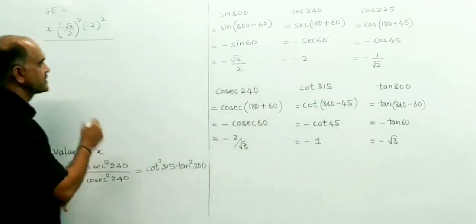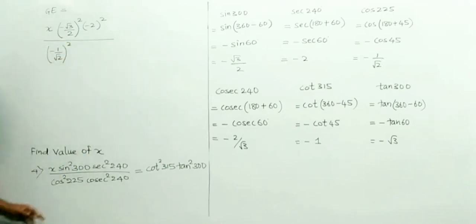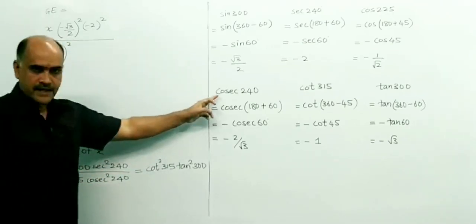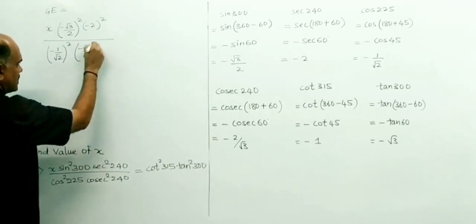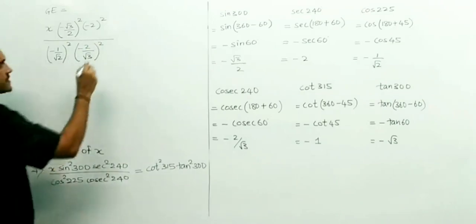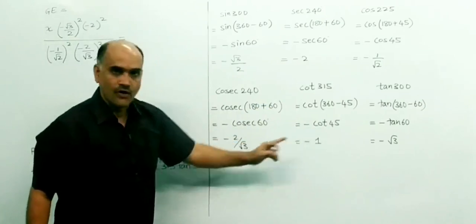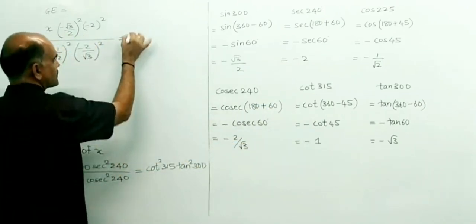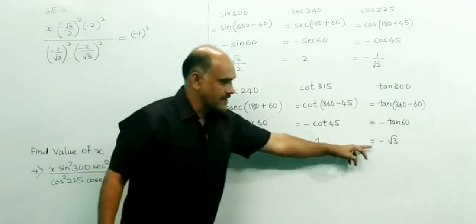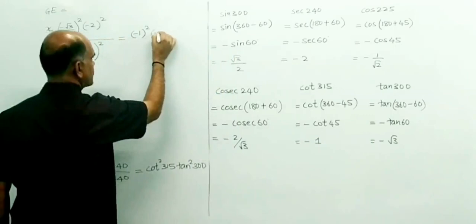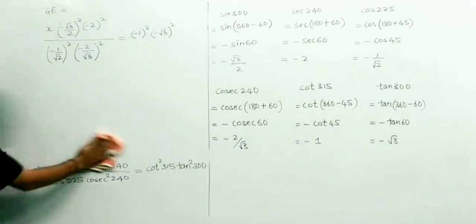Cos 225 is minus 1 by root 2, square. Cosec 240 minus 2 by root 3 square is equal to cot 315. Cot 315 is minus 1, so cot square minus 1 square. Tan square 300 minus root 3 square. Now you simplify this, you will have the answer.